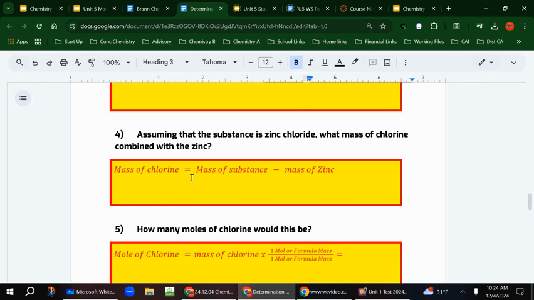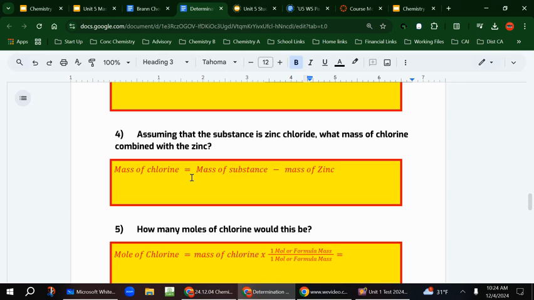Because if that compound is zinc chloride, and we know how much zinc is in there, the extra mass came from the chlorine that is combined with it. Does that make sense? Okay, a couple of you are nodding your head, so I'll accept that. So you're going to take and find the mass of the chlorine by taking the mass of the substance minus the mass of the zinc.